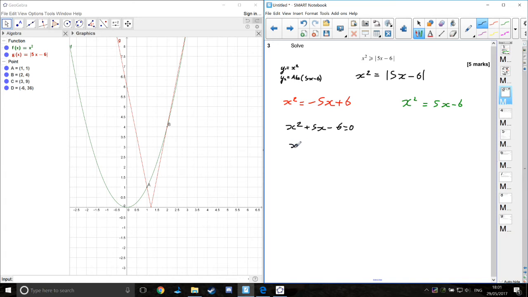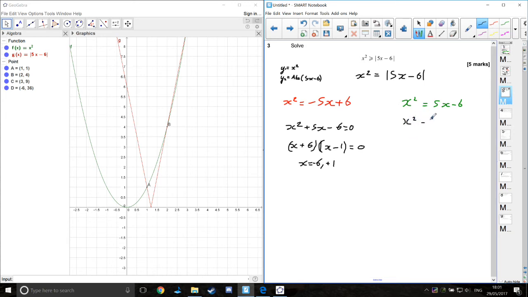So (x plus 6), and that's a terrible parenthesis, (x minus 1). That will do it, and we get x equals negative 6, or positive 1. Do the same for this.